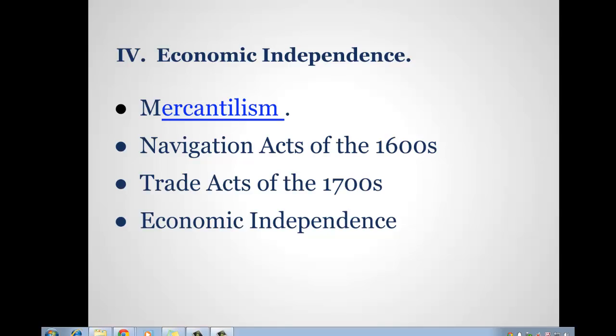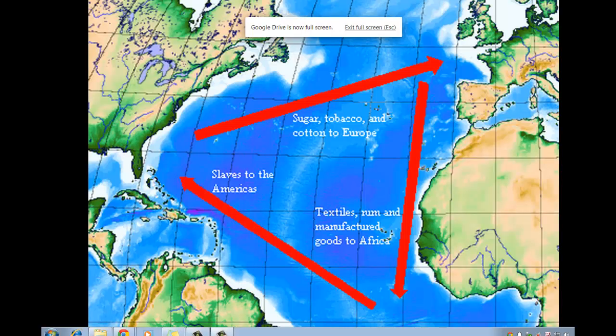So the fourth, this is what we basically covered when we were looking at mercantilism. Again, just to give you a visual, raw products are produced here like tobacco or cotton, and then they are sent here to be turned into finished goods.